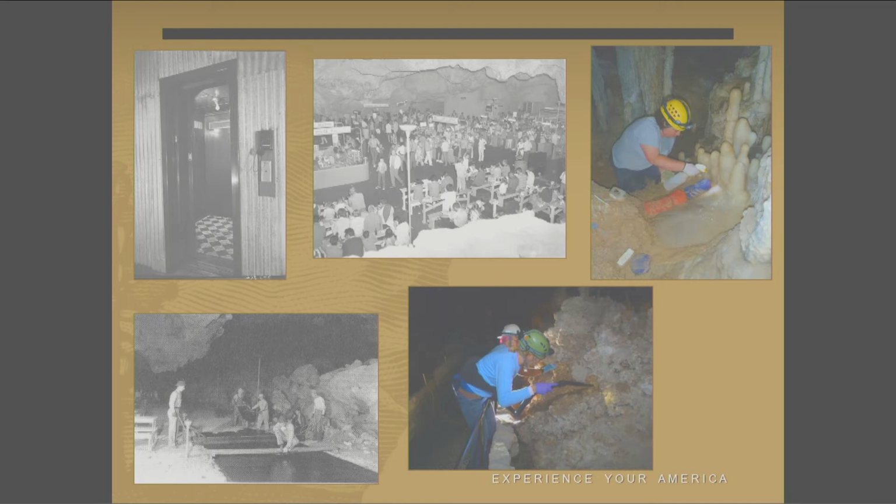Things like lint accumulation, that's the bottom right one, is removing lint that accumulates just from visitor traffic walking down inside the cave. And then the one on the right is removing some of the algae that grows around the lighting system, especially near pools and wet areas.